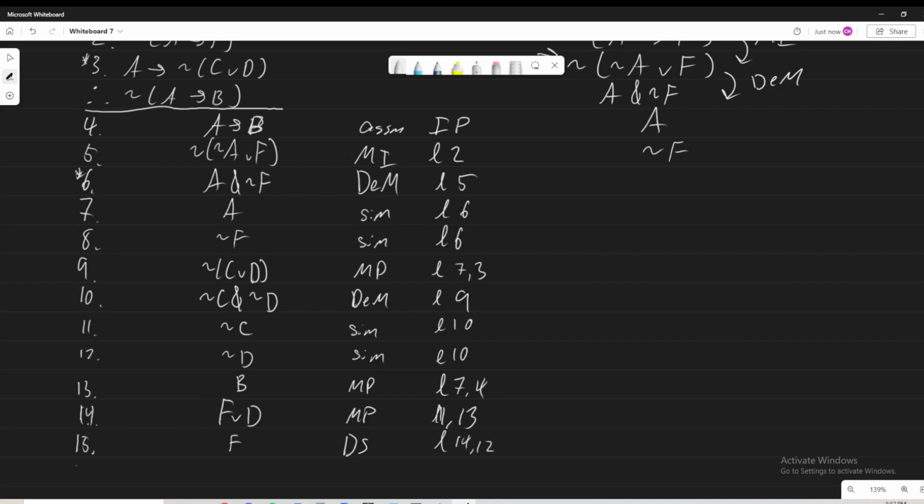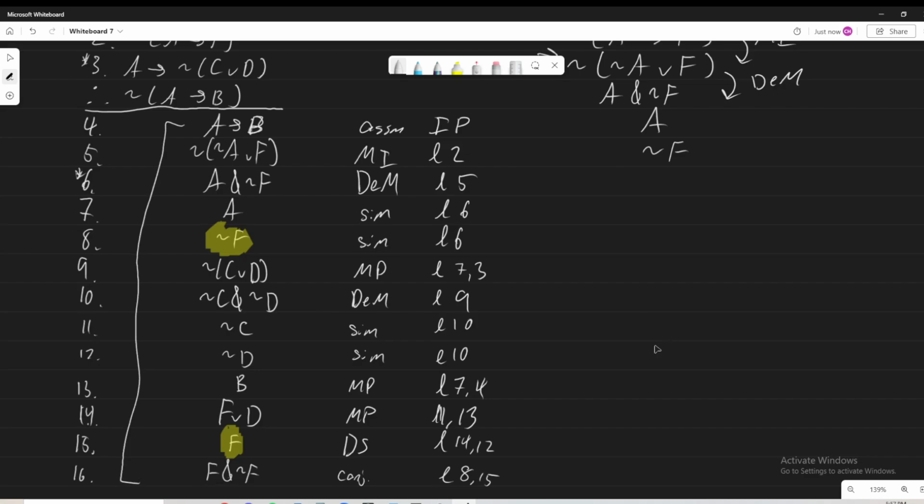And now we can conjoin that F from line 15. Let's highlight it. F with the not F in line 8. 8 and 15. And that is our contradictory pair to end our indirect proof.